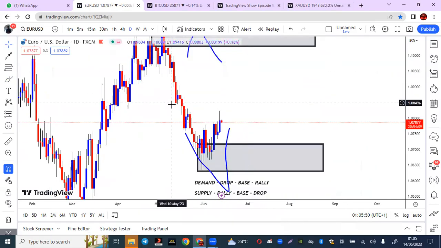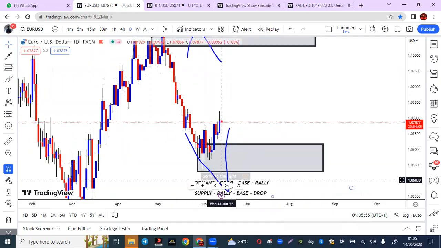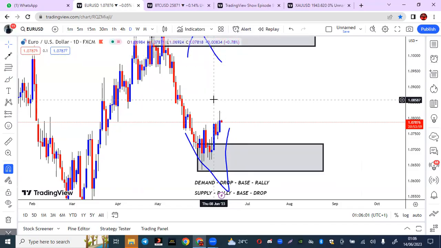For demand, drop, base, rally. So drop, base, rally, base, drop. Okay. So that's what we have as the types of supply and demand. Okay, so that's just an introduction to supply and demand.